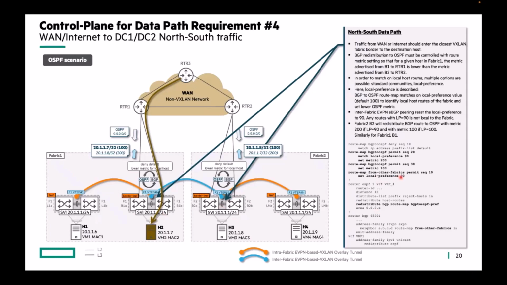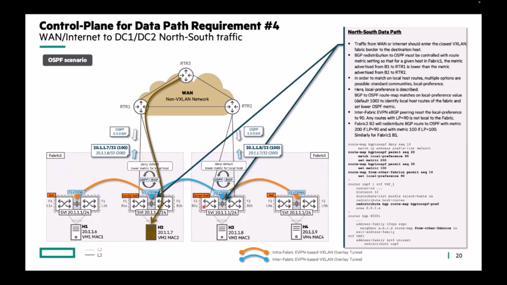Then we create a route map called BGP-to-OSPF, and we match the local preference. If the local preference is 90, set the metric to 200, which is higher, not preferred, the backup path. For the rest, whose local preference is 100 by default, set the metric to 100. I hope you have understood what we are trying to achieve.